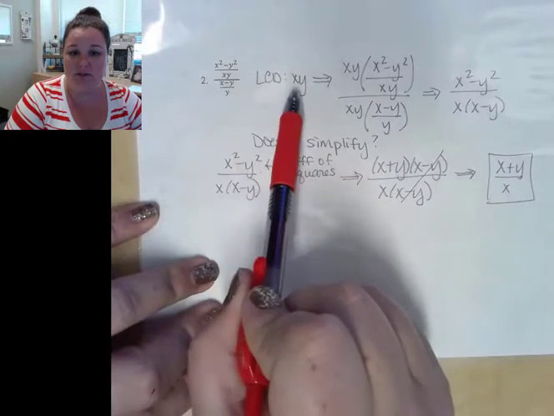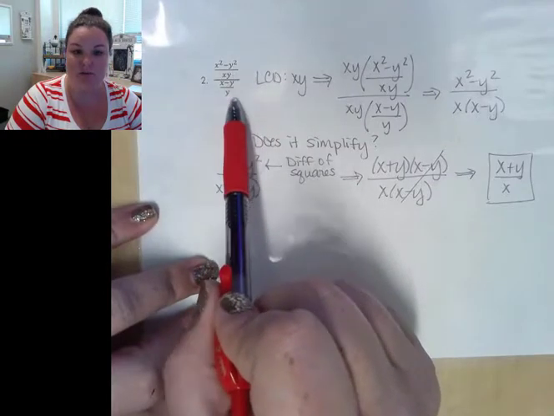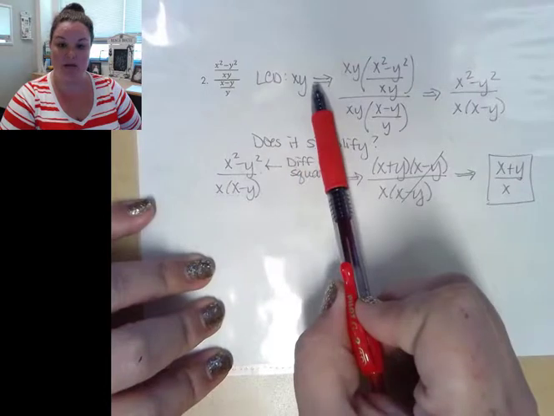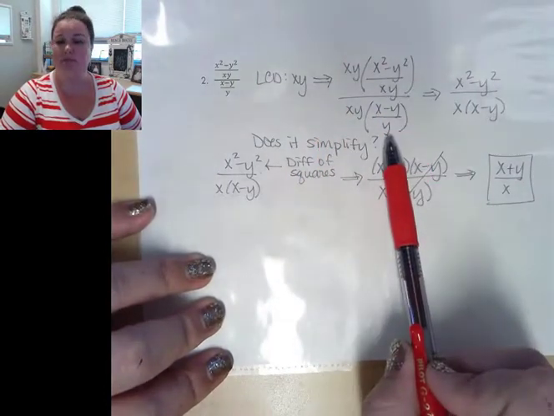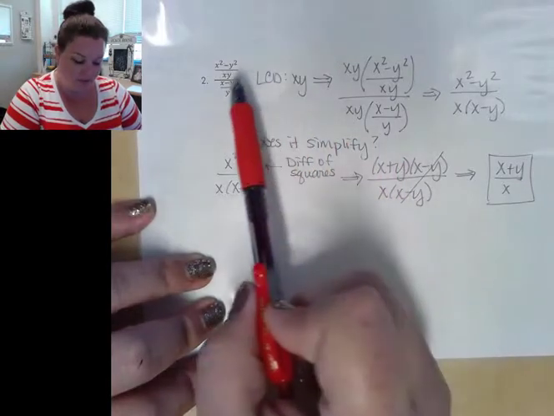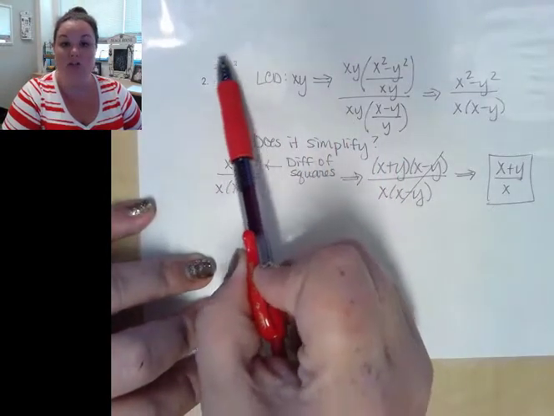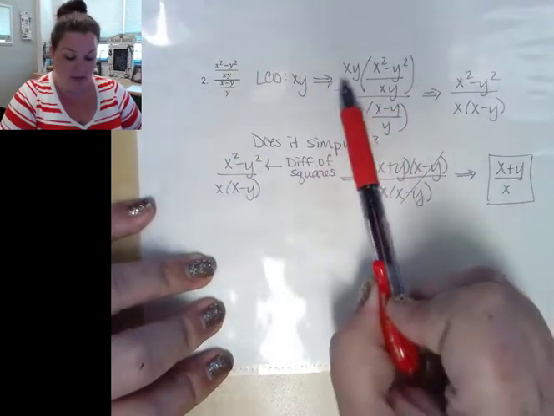So x to the first power should get rid of the x's. Y to the first power should get rid of the y's. So again, my least common denominator is xy, and I'm going to multiply it by the terms on top and bottom. So notice here, I didn't have to do it to the x squared and the y squared, because the way it's written, this is all one term. So I'm just going to multiply this whole thing by xy.